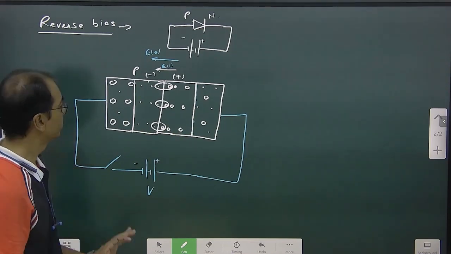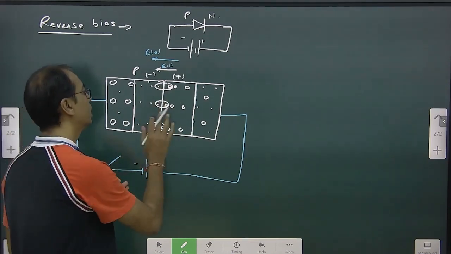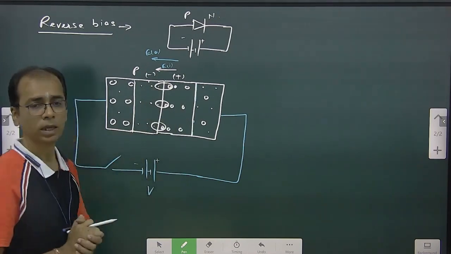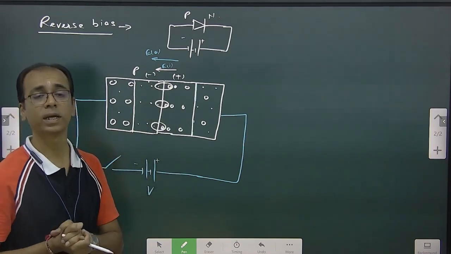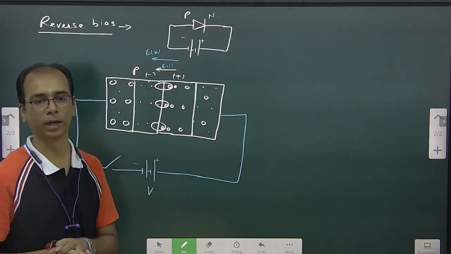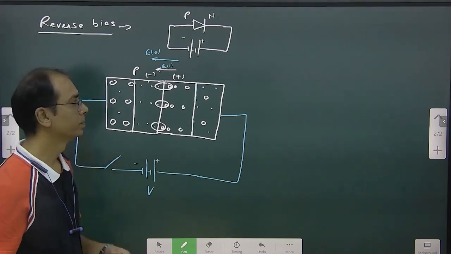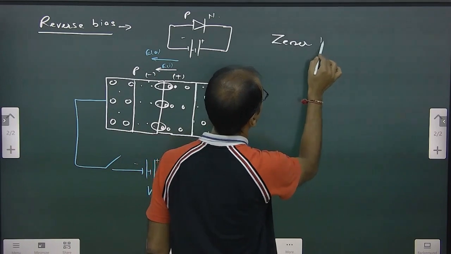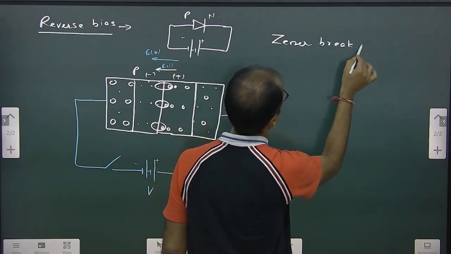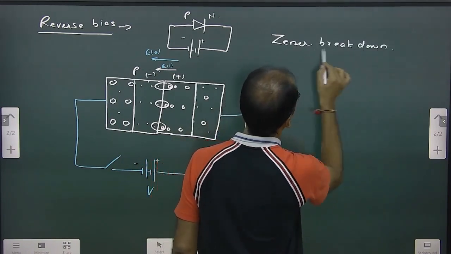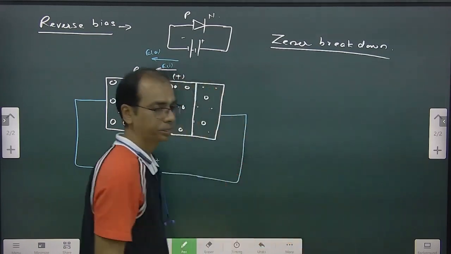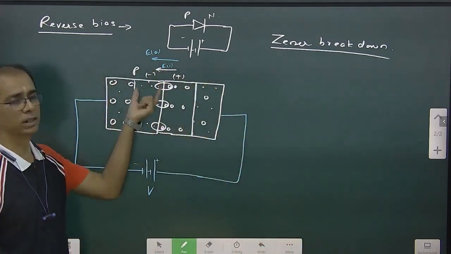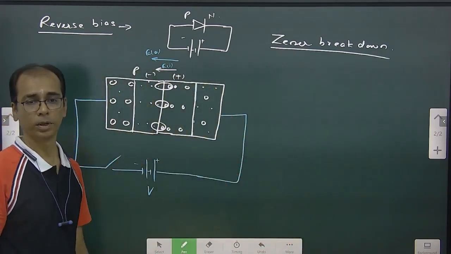Okay, but basically breaking of these covalent bonds happens in two ways. What I explained to you right now is called Zener breakdown. That means you increase the applied potential to such a value that these covalent bonds start breaking.